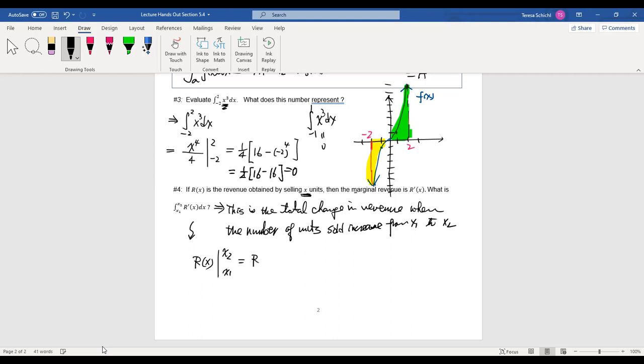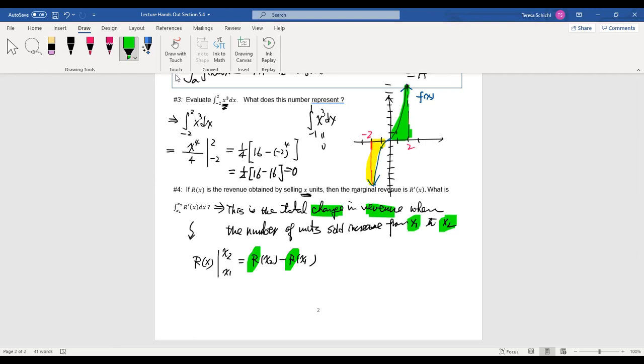So that gives R(x2) minus R(x1). That is what we said: this is the total change in revenue because this is a revenue function. So how much is the change as x increases from x1 to x2?